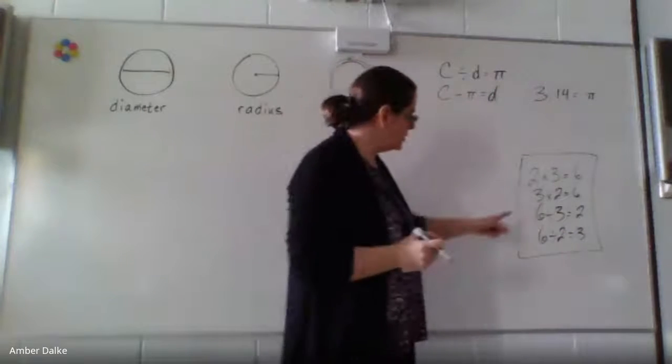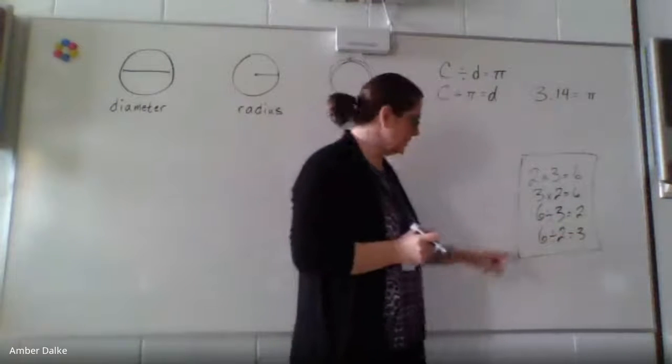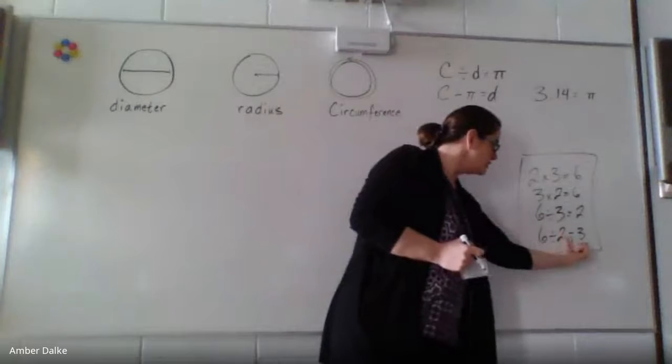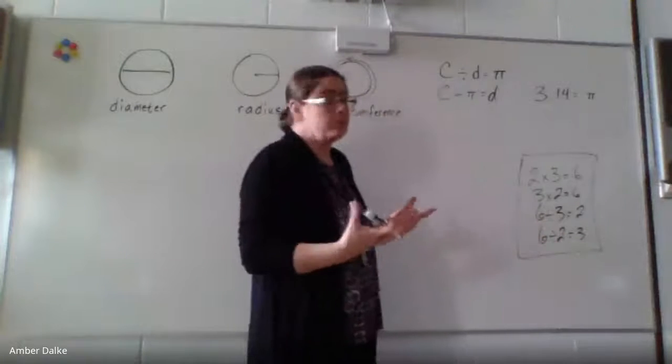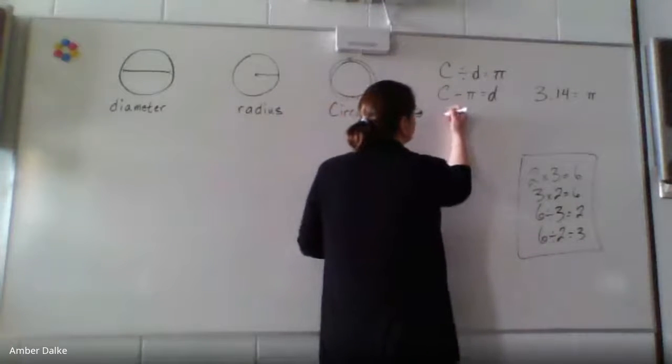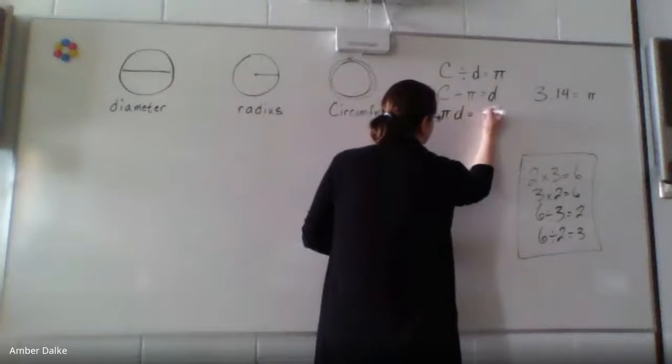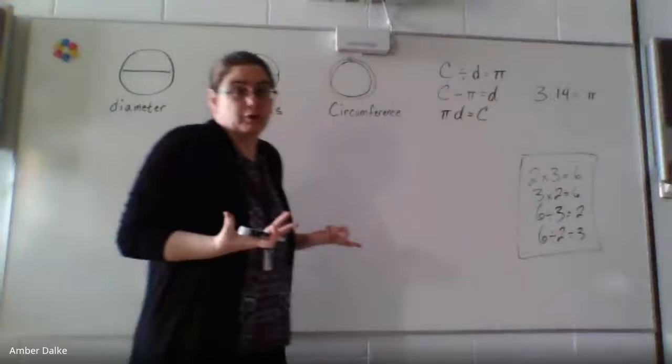Because we know that if you take this, divide by that, you get this. And if you take this, divide by that, you get this. That means if you multiply these two together, you get that. So we can do that as well. If you take pi and you times it by diameter, you get circumference.